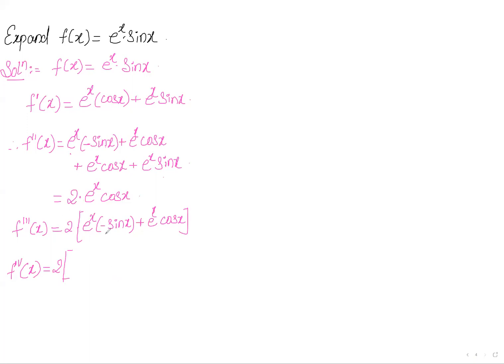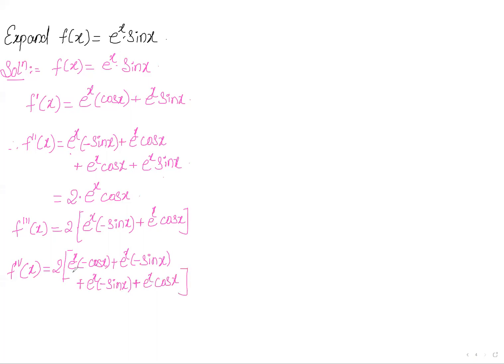So e raised to x into minus cos x plus e raised to x into minus sin x, plus e raised to x into minus sin x, plus e raised to x into cos x.